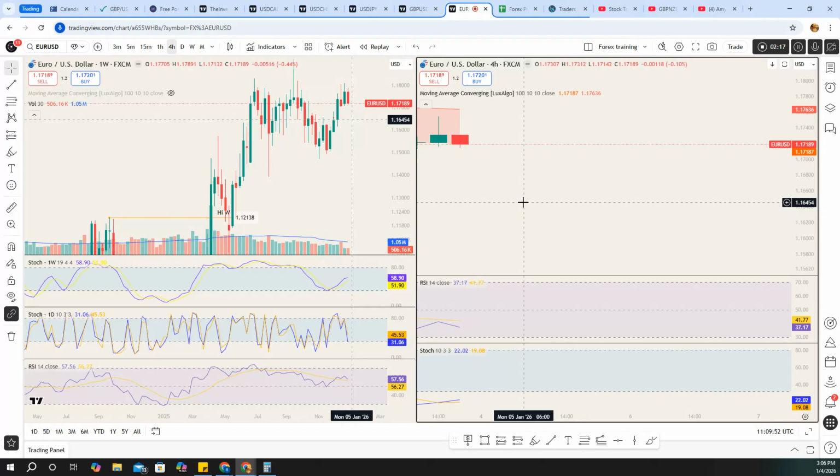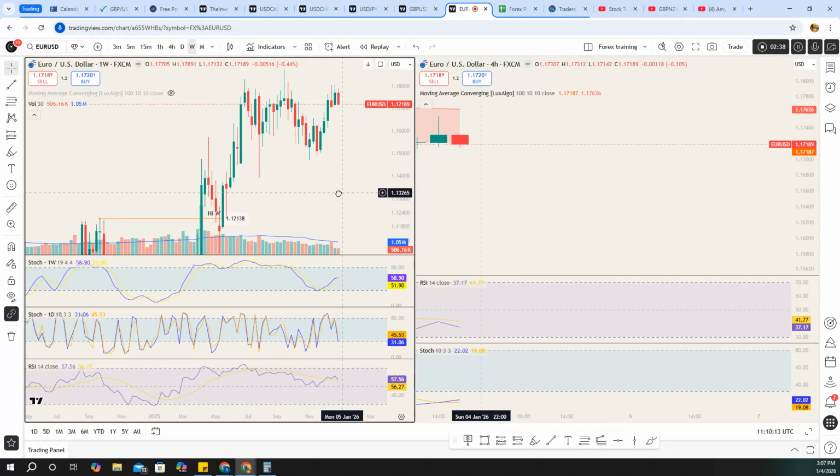Okay, so I only looked at this part as if I am looking at the charts at this time. And I went back from January 1st of 2025 until around the 25th of December 2025. Let me show you what happened.